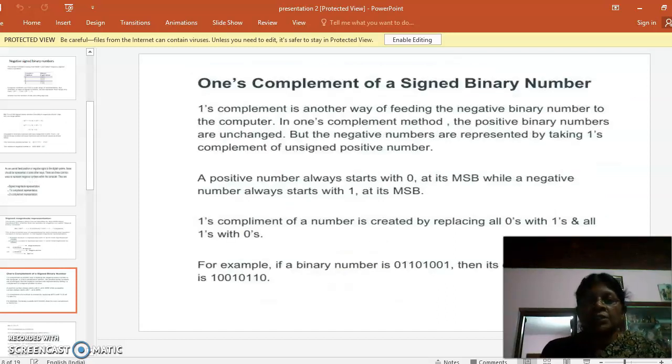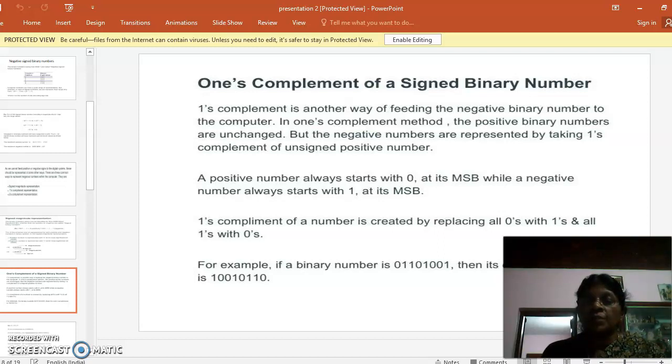The next one is 1's complement of a signed binary number. The 1's complement is another way of feeding the negative binary number to the computer. In the 1's complement method, the positive numbers are unchanged, but the negative numbers are represented by taking the complement of the unsigned positive number.